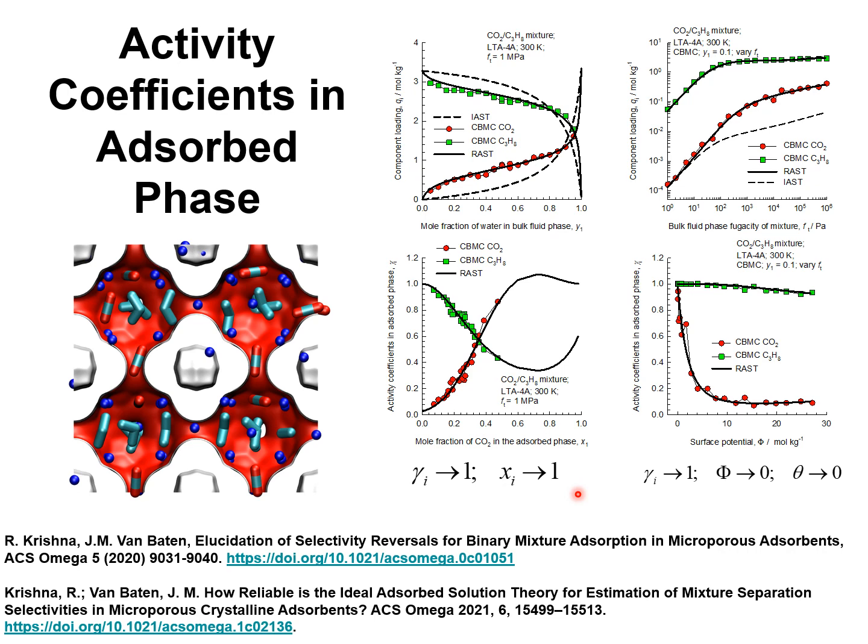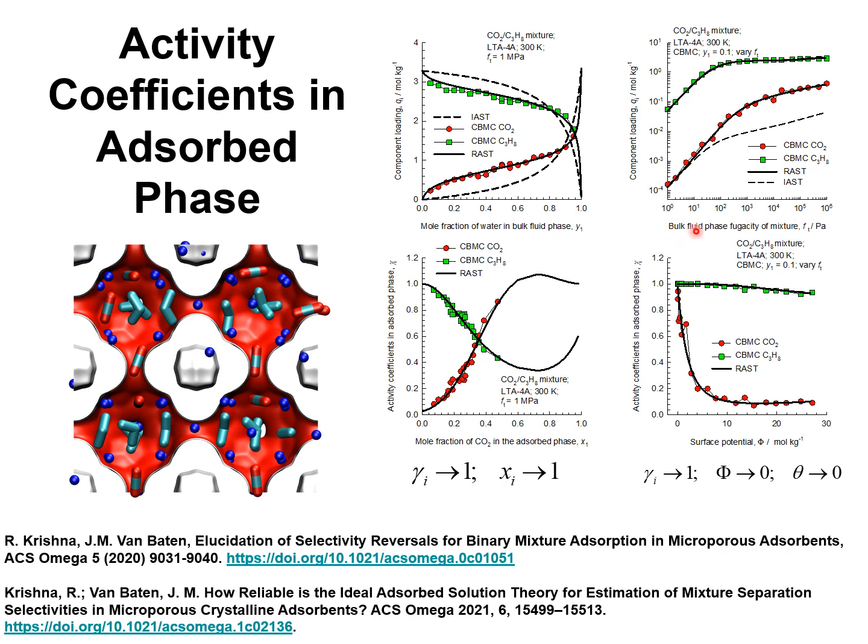However, there is an additional limiting behavior that needs to be respected and followed, and that is shown in these two figures, where we show configurational-bias Monte Carlo simulations for mixtures of CO2 and propane in which the bulk composition is fixed at the value of 10% CO2 and the total bulk fluid phase fugacity is varied from 1 Pascal to 1 megapascal.